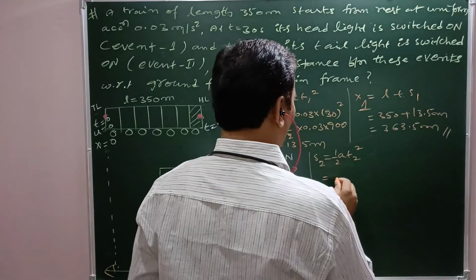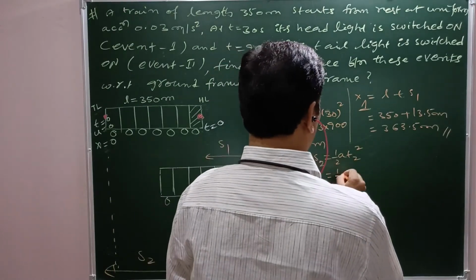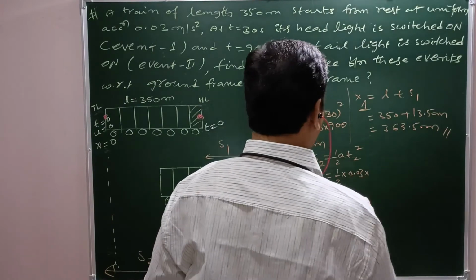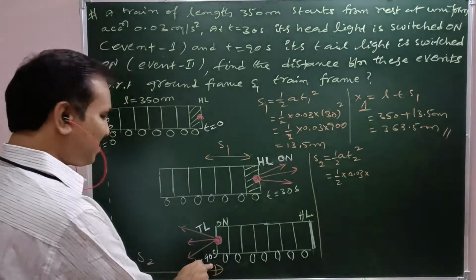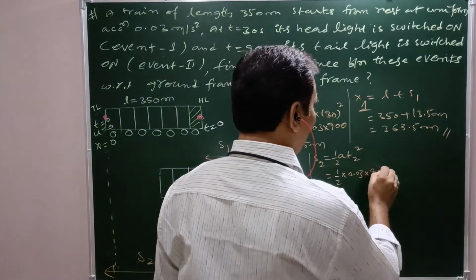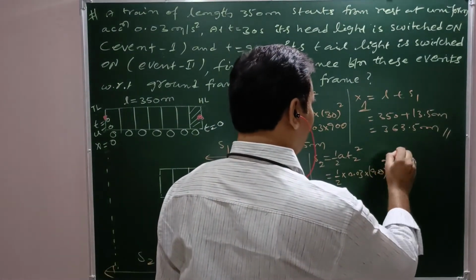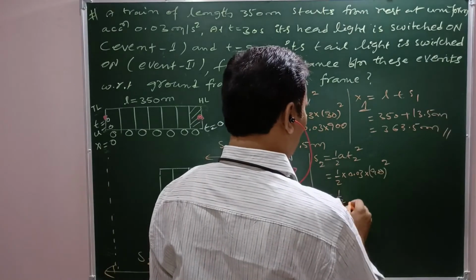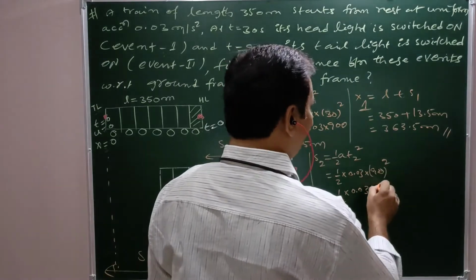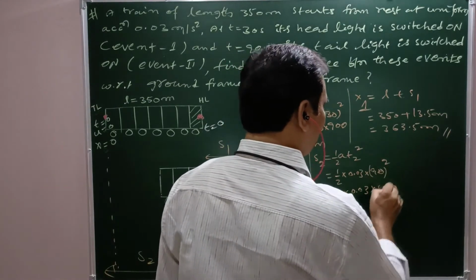That is half into A, which is 0.03, into T2 square. What is T2? T2 means 90 seconds, 90 whole square. That is half into 0.03 into 90 into 90, that is 8100.